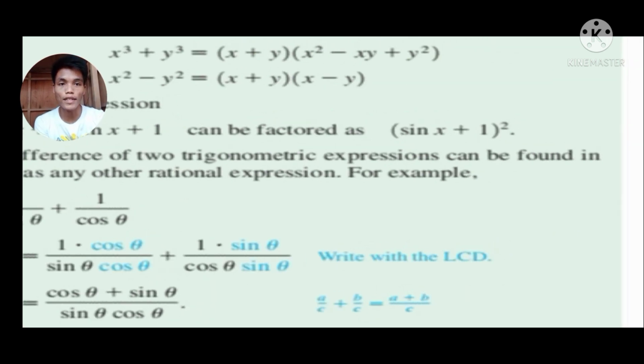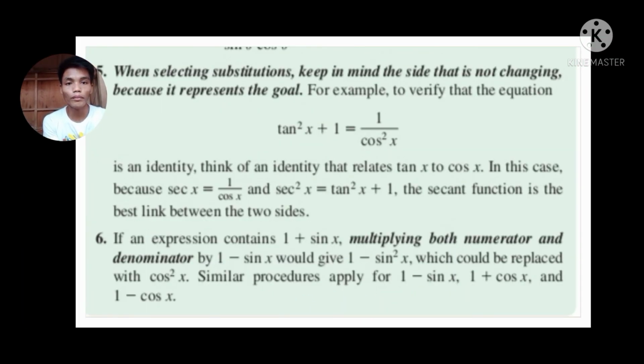And next, in number 5. Okay, in number 5, when selecting substitution, keep in mind that the side that is not changing represents the goal. For example, to verify that the equation tan squared x plus 1 is equal to 1 over cosine squared x is an identity, think of an identity that relates tan x to cosine x.